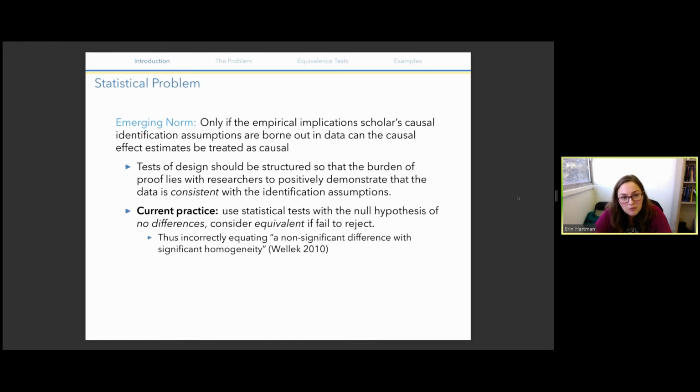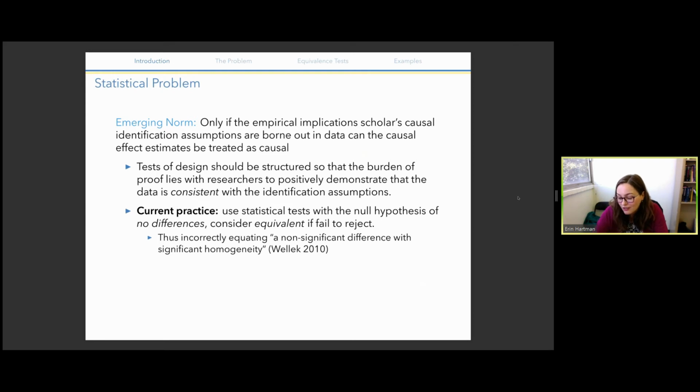And I'll talk a little about current practice, but what we see mostly nowadays is that people use statistical tests where they set up their null hypothesis that there is no difference, and they consider evidence of equivalence if they fail to reject that null of no difference. And this is, of course, not how the test of difference is set up. It's not meant to be interpreted that way.